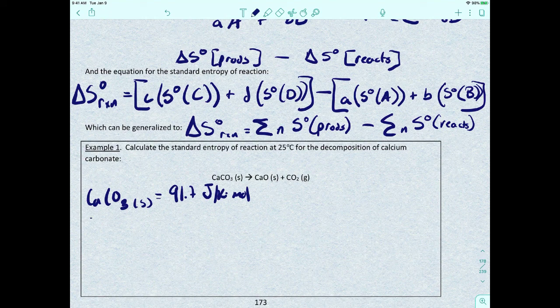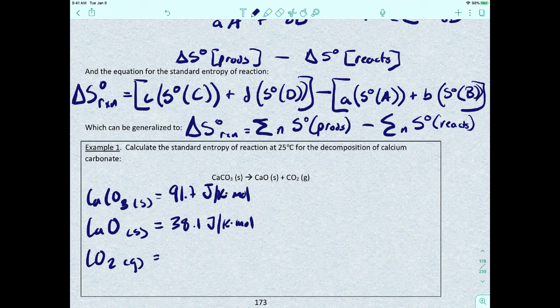For calcium oxide, the standard entropy is 38.1 joules per K-mole. And for carbon dioxide, that entropy is 213.6 joules per K-mole.